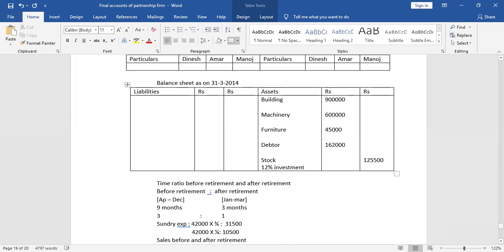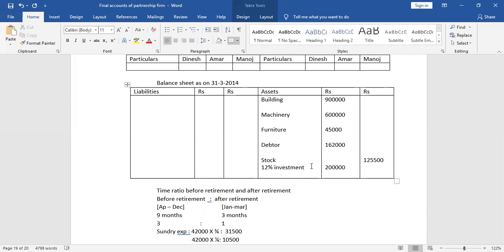For the full year's interest we have to calculate at 12%, because this was taken on the first day. So just check how much the 12% interest will be for the full year on 2 lakh. 2 lakh into 12% is coming 24,000.